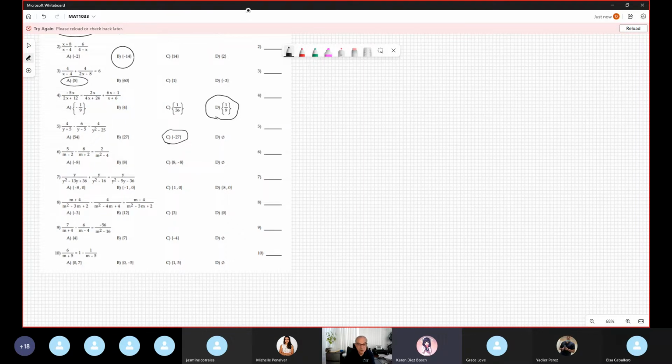Number 6 is 5 over n minus 2 minus a over n plus 2 equal 2 over n squared minus 4. What should I do? Tell me. I am totally lost.